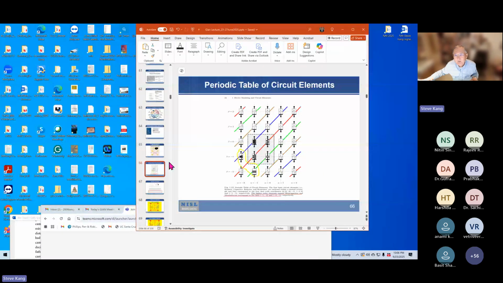Okay, so there are some interesting applications of mem inductors and mem capacitors, but in my view, the application domain may not be as broad as the memristor.